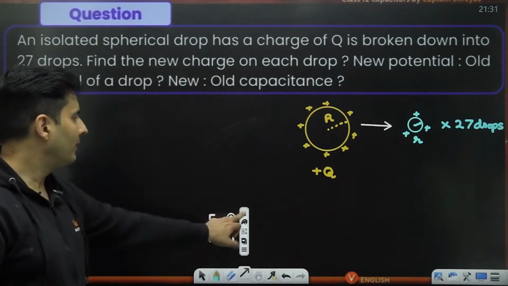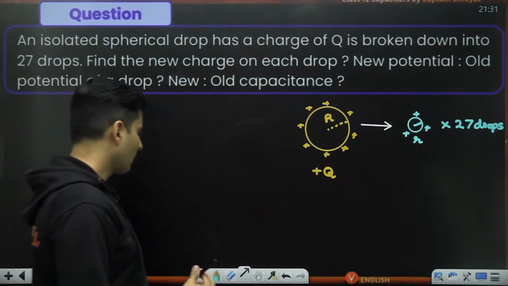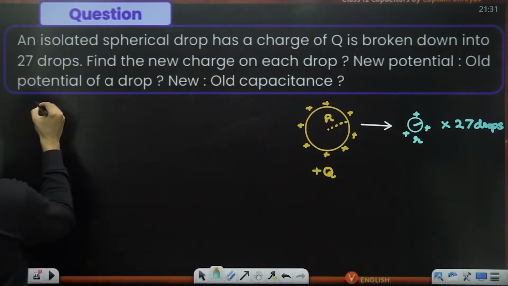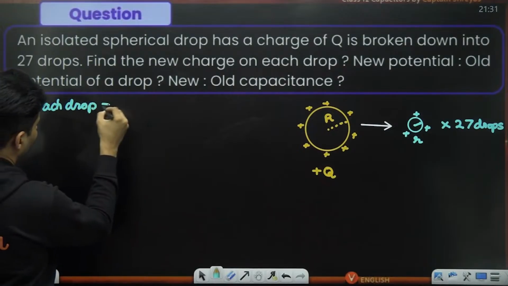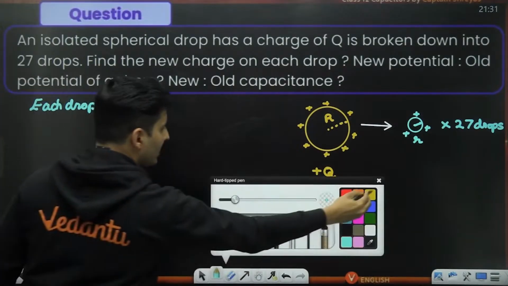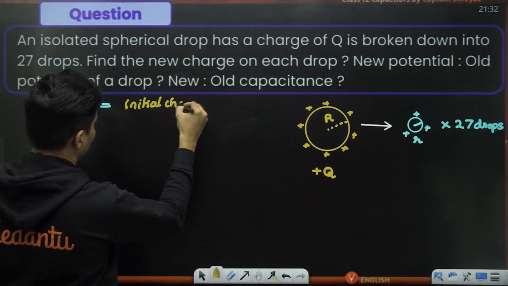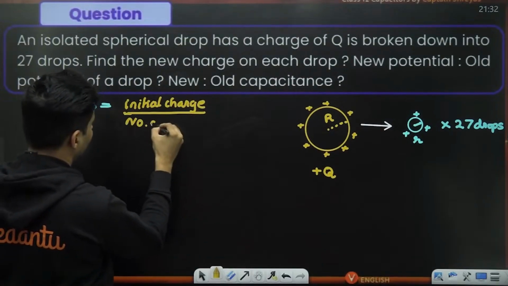Okay, fair enough. In this process, what will happen? Obviously, if you break it into 27 drops, each drop will have the original charge, whatever is that initial charge, divided by the number of parts that you make.